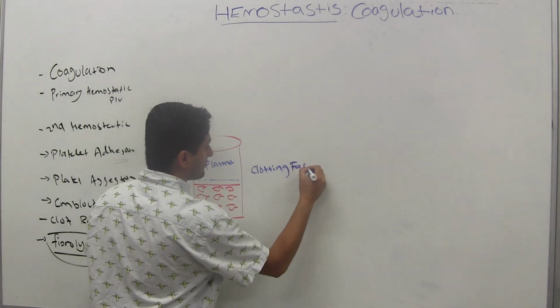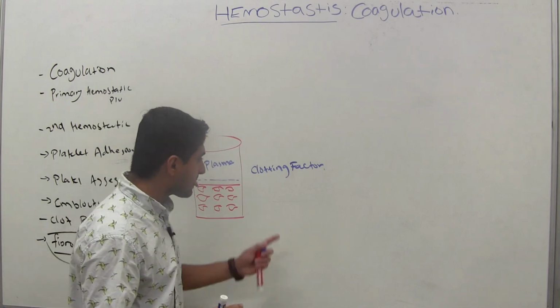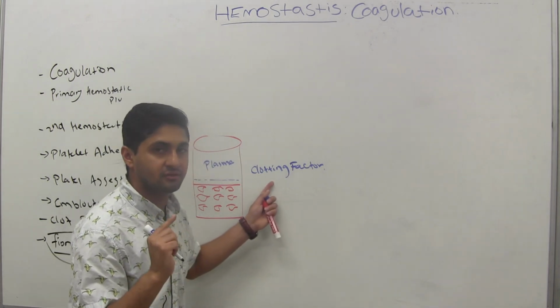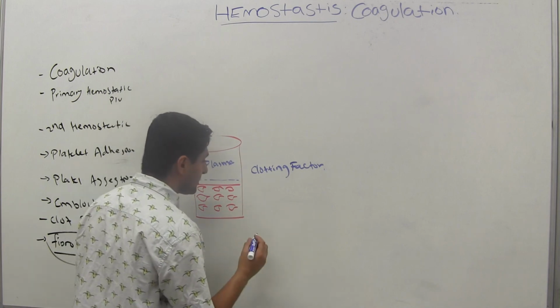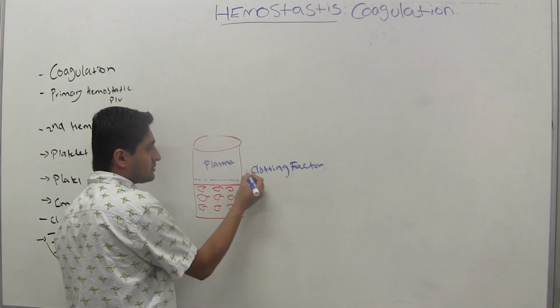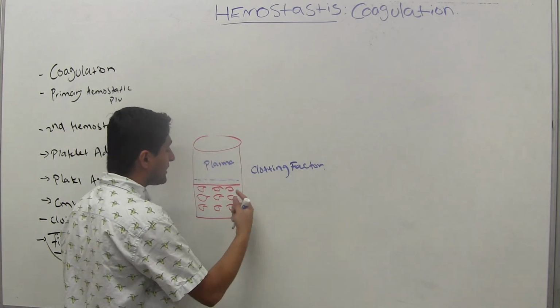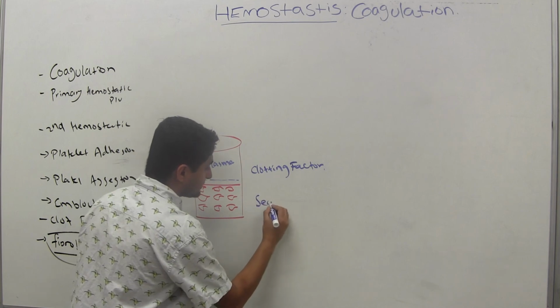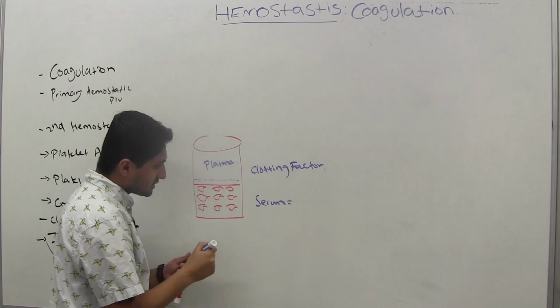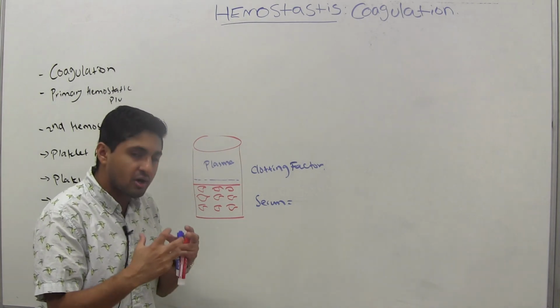But guys, you also have to be very clear about this: plasma is not the same as serum, because serum is completely different. Plasma has the clotting factors, so because of that it is able to coagulate. But what is serum? When you take the blood out, the blood gets thickened and becomes like a gel.